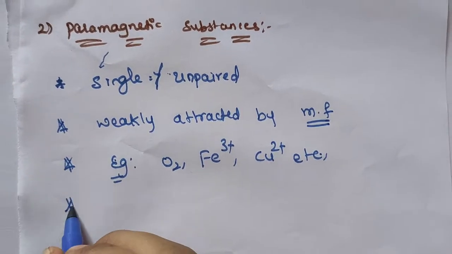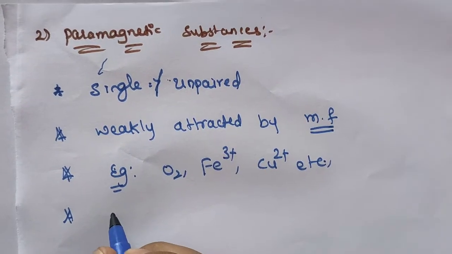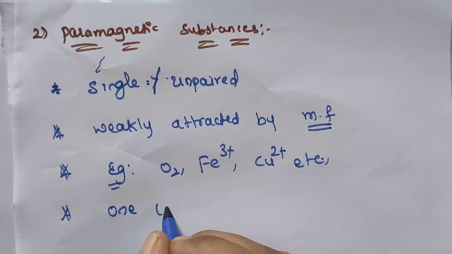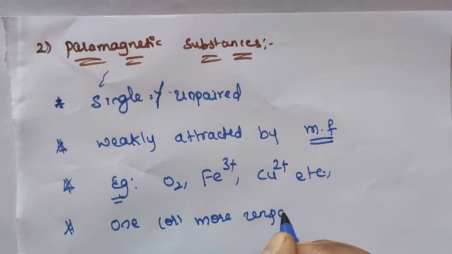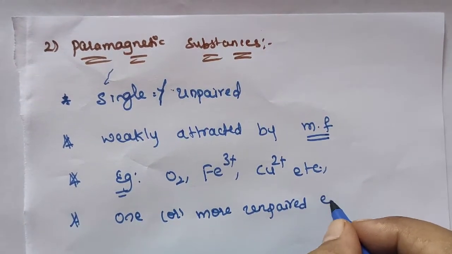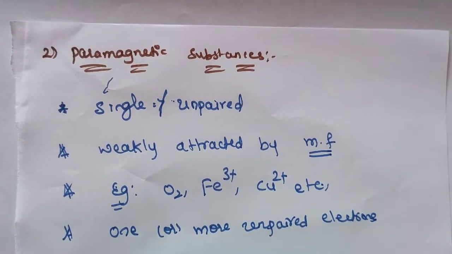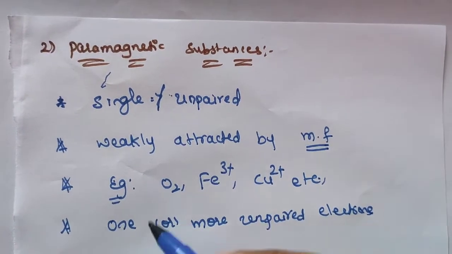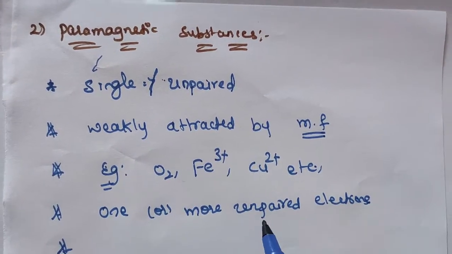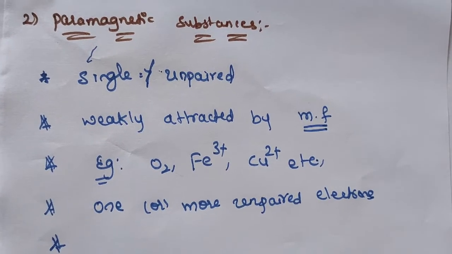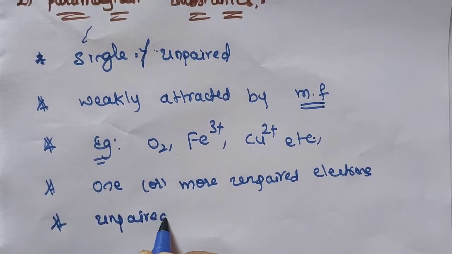So here they contain one or more unpaired electrons, so that they are magnetized in a magnetic field in the same direction, because they contain only one or more unpaired electrons. It indicates that they will get magnetized.